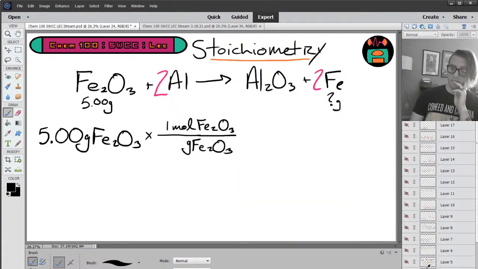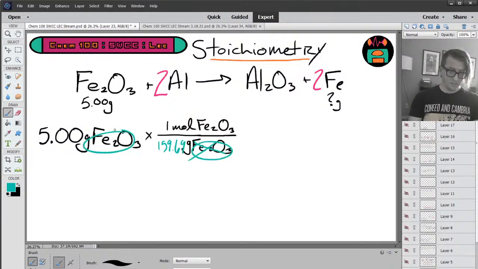Now we can plug in our molecular mass, 159.69 grams per mole, and grams of iron 3 oxide cancel.